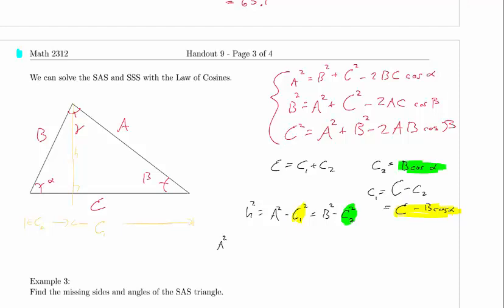And so we have a squared minus, let's go ahead and expand this while we're at it, c squared minus 2bc times cosine alpha plus b squared cosine squared alpha.